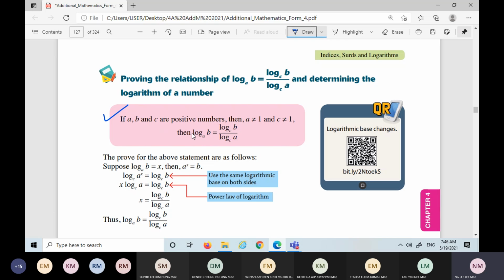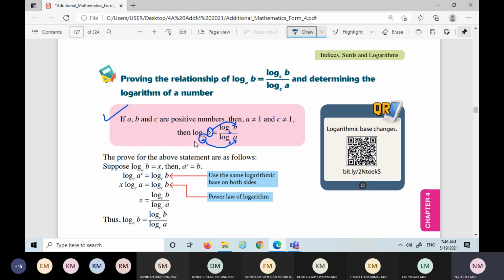So log AB is equal to log CB over log CA. Now I'm going to change the base A to base C. You remember this one will go to the numerator, and then the base here will become the denominator. This is how I remember it.